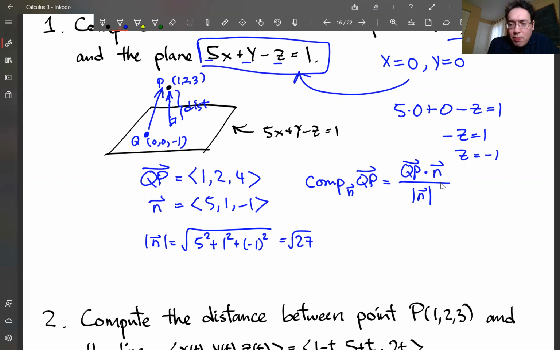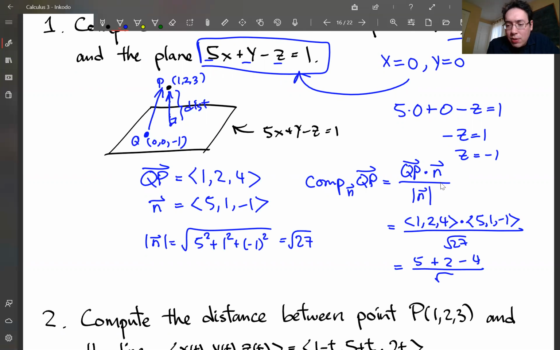Okay. So 1, 2, 4 dotted with 5, 1, negative 1, all divided by square root of 27. If I take the dot product, I'll get 5 plus 2 minus 4 over square root of 27.